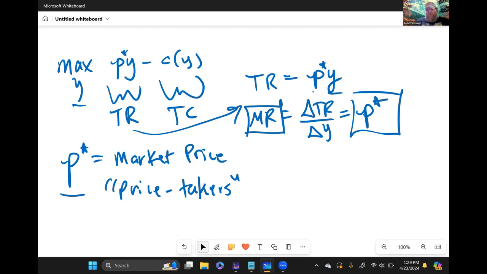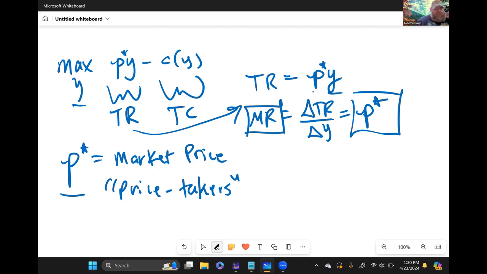Now, why this is important for us, and a little bit of a spoiler alert, is because we already know what the profit maximizing decision of the firm is when we're discussing output decisions, right? We've framed profit maximization two different ways. We can think about it in terms of the output decision, how much should the firm produce, and then we use that as a door into the conversation about optimal input selection, still under the assumption that the optimal input selection was about producing the optimal level of output.